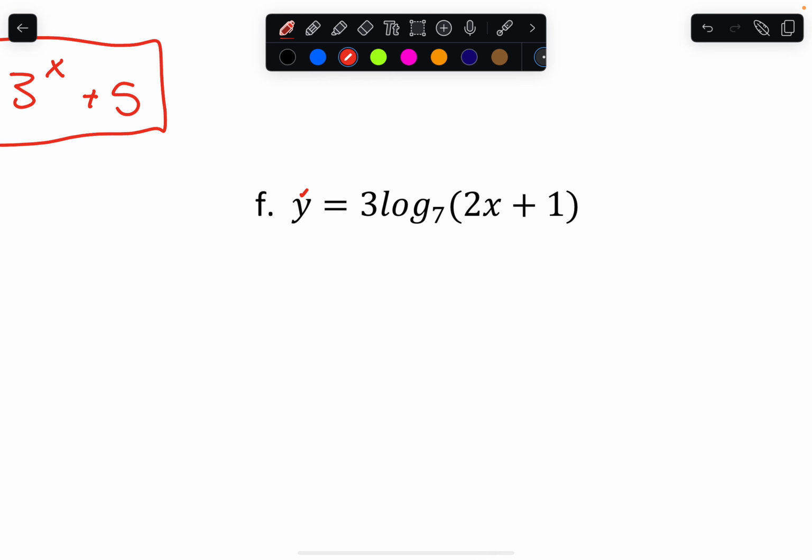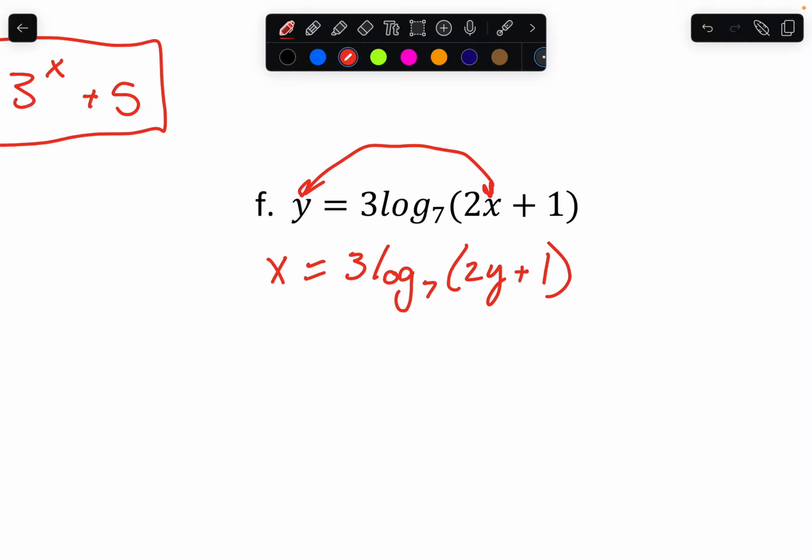First thing we're going to do is swap the x and the y. So we're going to end up with x equals 3 log base 7 of 2y plus 1. Before we can change this into exponential form, I'm going to divide everything by 3, because I can't change this into exponential form without the log being by itself.